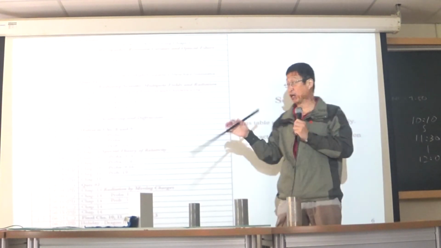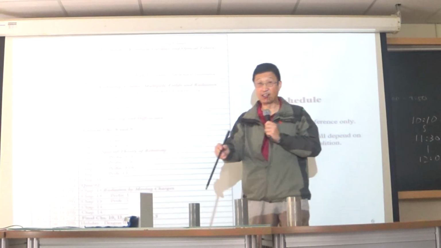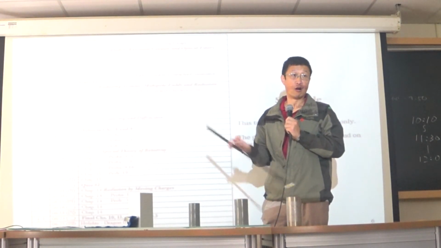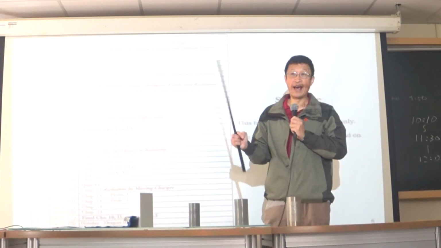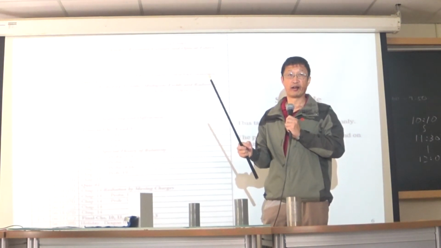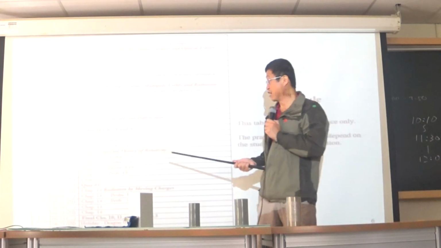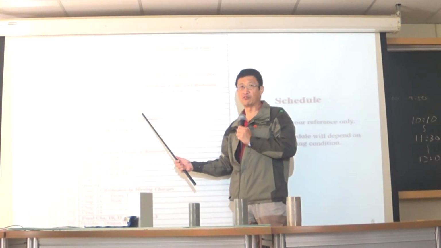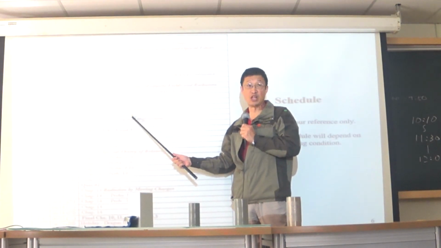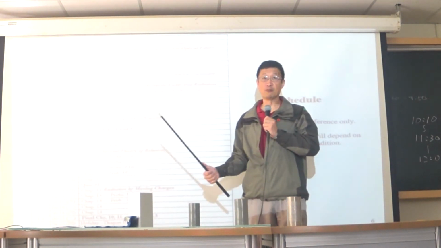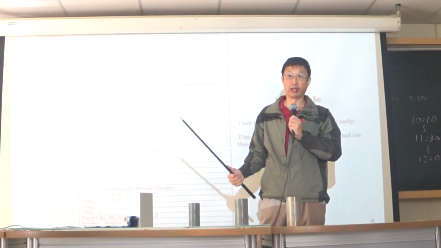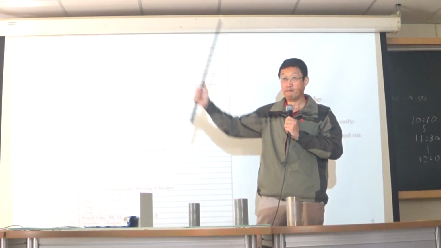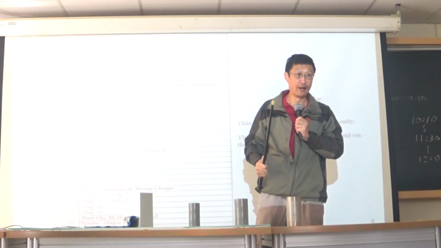By properly controlling the scatterer, we can generate metamaterial, left-handed materials. We can generate special materials we never observe, we never found in nature. It's artificial material, man-made material, not made by God, but made by human beings.